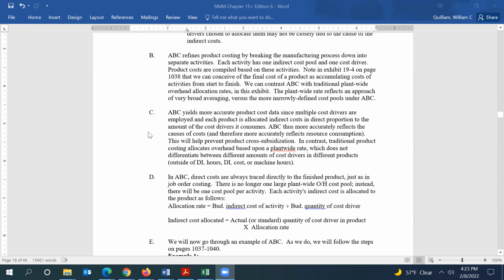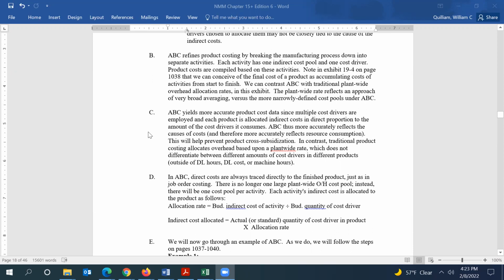ABC thus more accurately reflects the causes of costs and therefore more accurately reflects resource consumption. This will prevent product cross-subsidization. I will show you in the example in a few minutes.